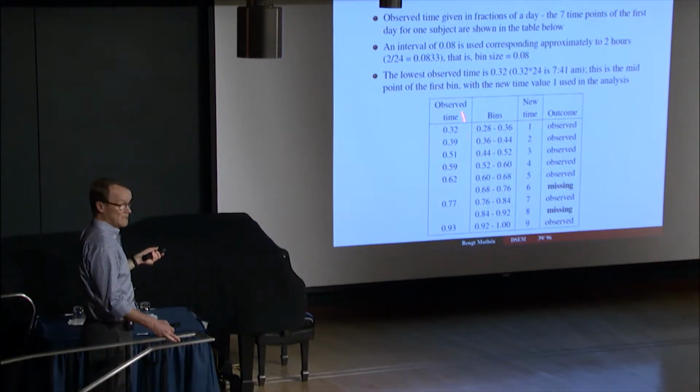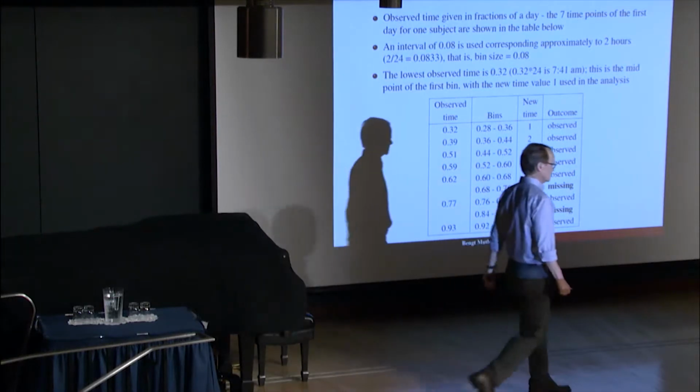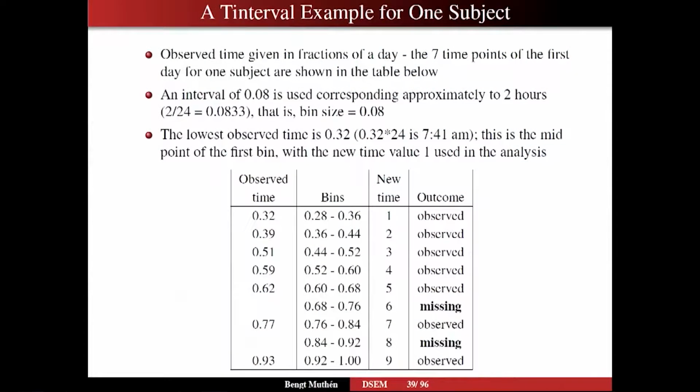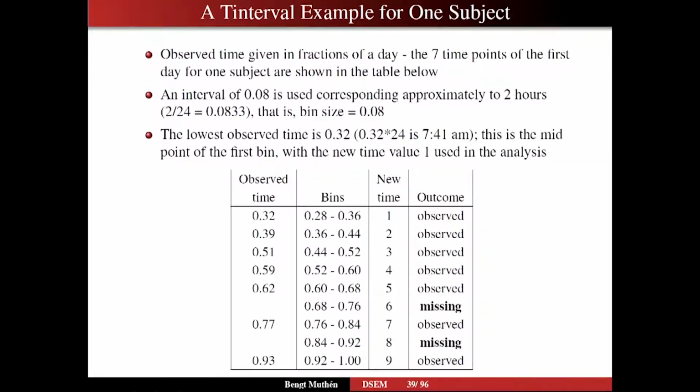Is that correct? Right, like it is here. This is actually from the smoking data. Terrific. And then if we go into the next day, new time 10, and we're going by 2 hours, it would be something in the ballpark of observed time 1.01? Exactly, 1 point something for the next day, until the end. Thank you for asking that question.